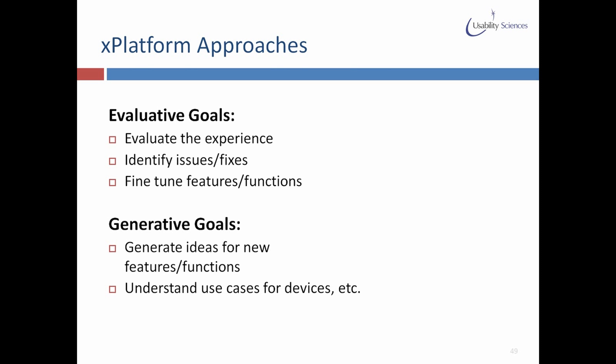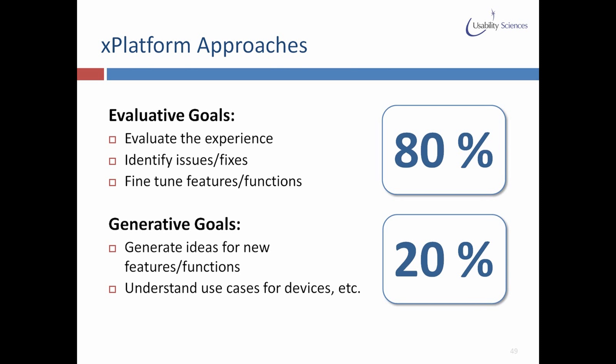In doing a study like this, in this format, you might have one of two goals. You can take the more evaluative approach, which is taking an existing site and identifying issues and perhaps fixes to those issues from platform to platform. Or you can do this earlier in the product's life cycle to help generate ideas for new features or new functions, understanding why users might be using each device and what they're looking for those devices or your website to do on those devices.